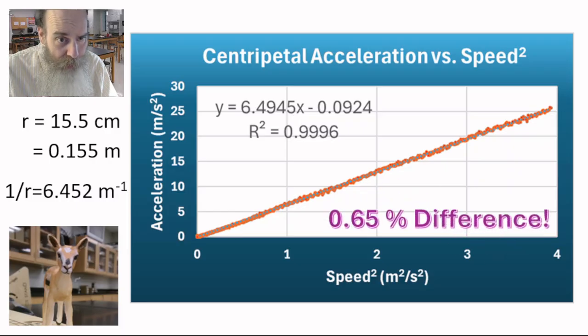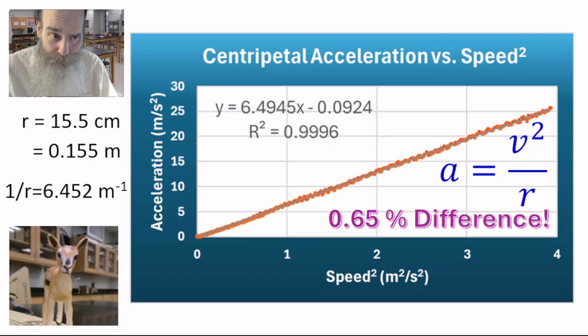That is a 0.65% difference. So it looks like that coefficient in front of the x is 1 over r. So now we can write that centripetal acceleration equals v squared over r. That's what you wanted to find out, isn't it, Giselle?